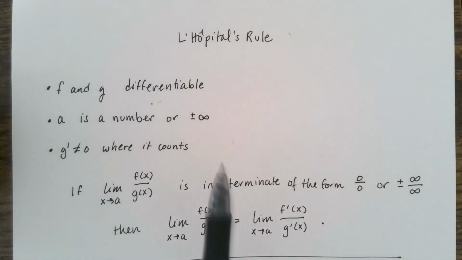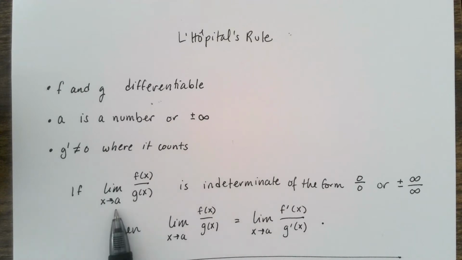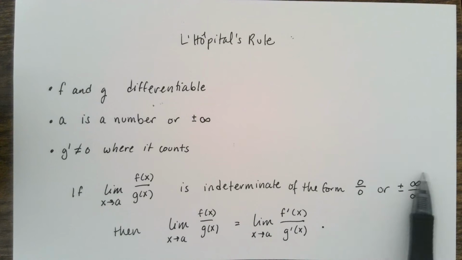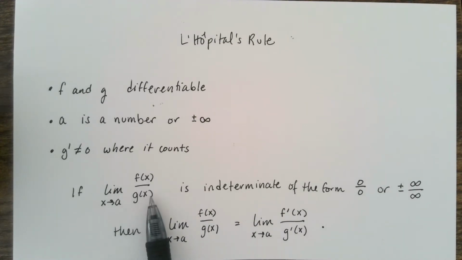Okay, so in that case, if you have the limit as x approaches whatever of this ratio, if it comes out to be an indeterminate limit of the form 0 over 0, meaning f and g at a both go to 0, or positive or negative infinity over infinity, right? So both of them go to one of the infinities.